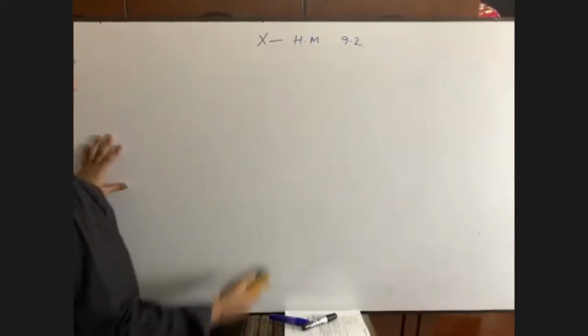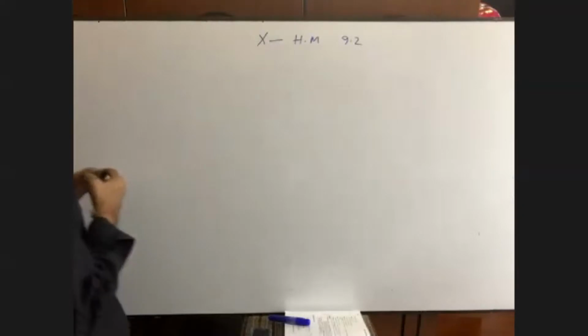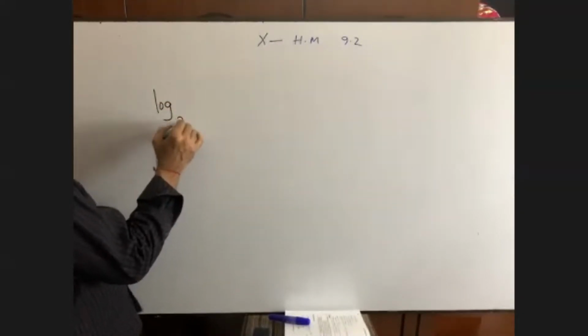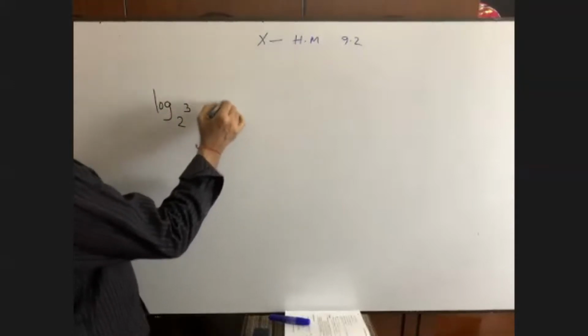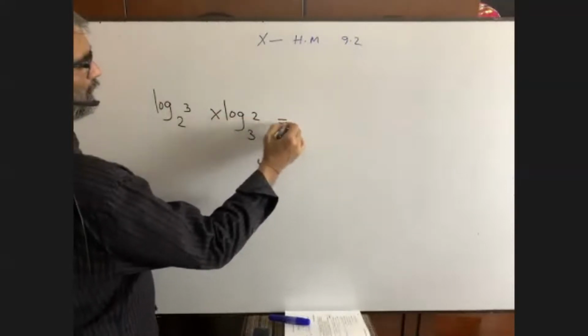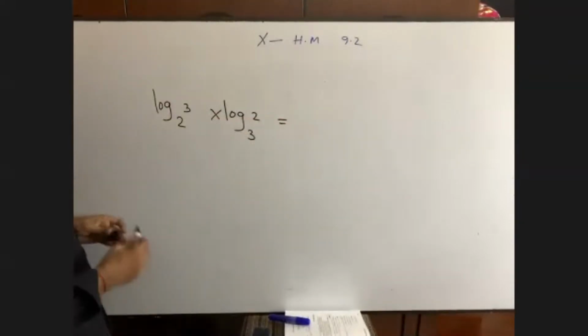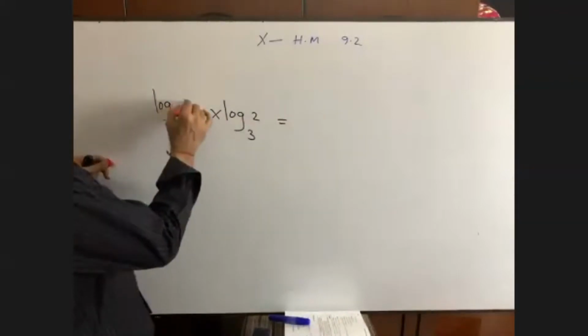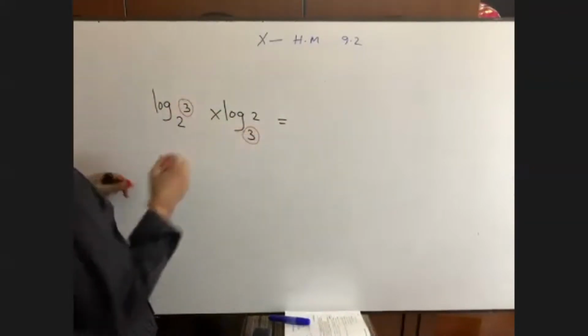I can tell you something regarding this. Suppose you see log 2 base 3 into log 3 base 2 is equal to what, you know? You see, this 3 will be omitted.